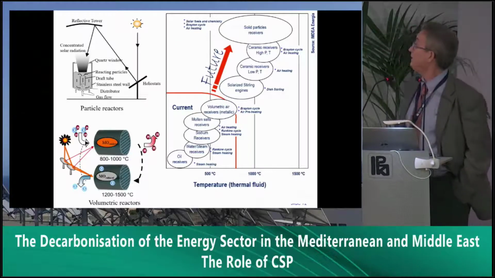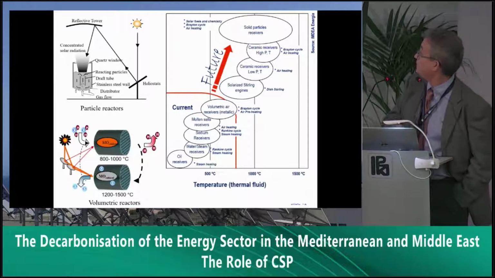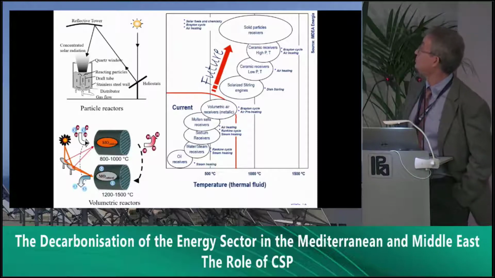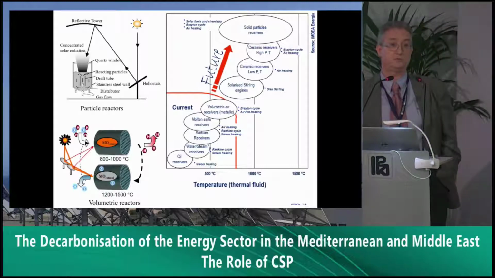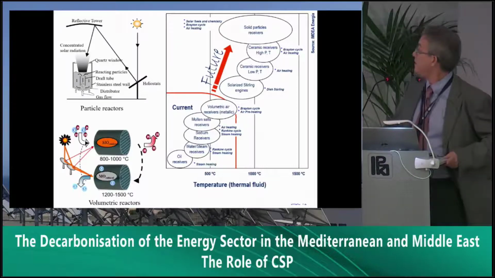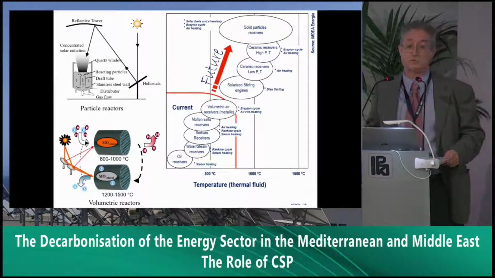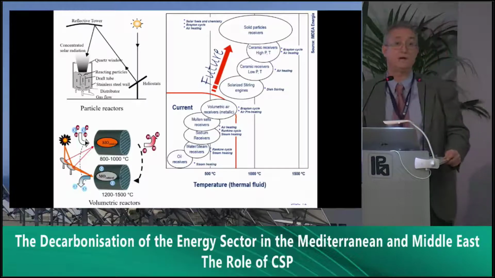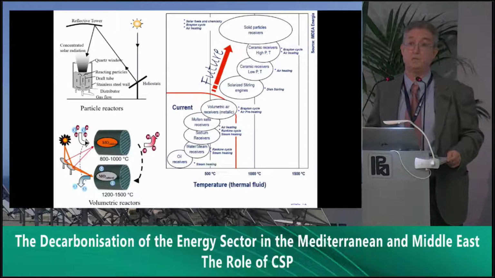But the reality is that when we see where we are at present with the technologies of molten salts and volumetric receivers, and volumetrics, as you saw yesterday, still need more progress, we are still far away from what we need at the end, because we need to work near 1,400 and 1,300 degrees C in many of these processes.